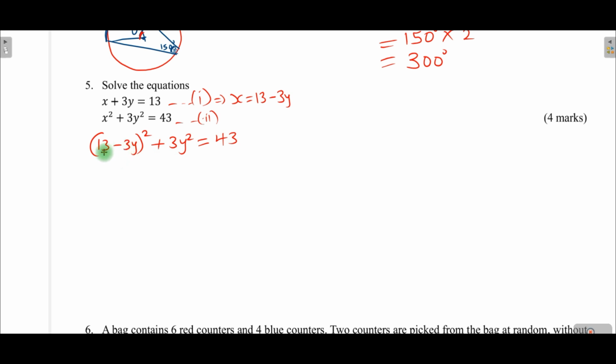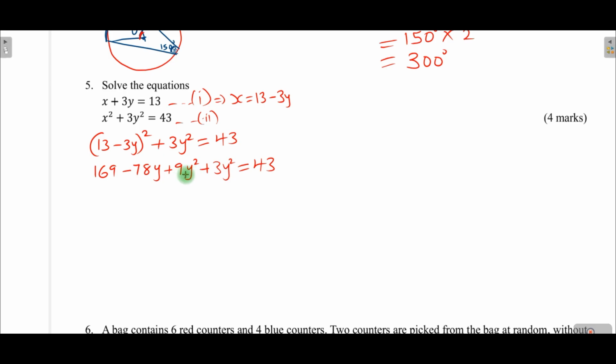So we are going to expand 13 minus 3y in brackets squared. I'll use the quadratic identity, therefore this will be 169, then minus 2ab, so this is 2 times 13 times 3, so I get minus 78y, and then minus 3y squared, that will be plus 9y squared. Then we have plus 3y squared is equal to 43. Collect the like terms together.